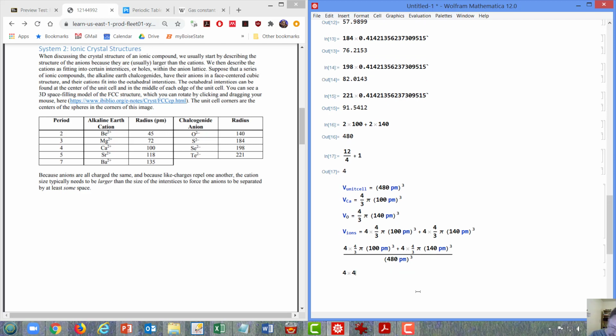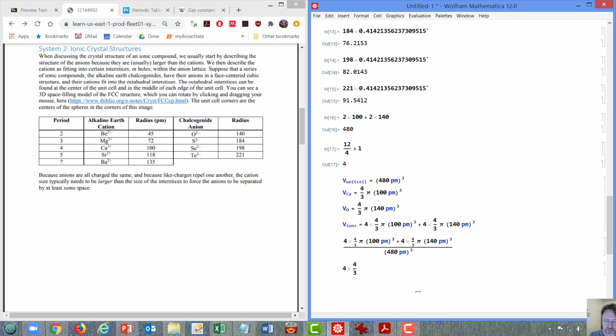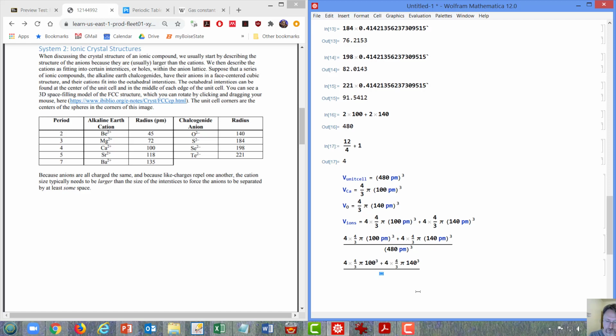4 times 4/3 times pi times 100 cubed plus 4 times 4/3 pi 140 cubed over 480 cubed.